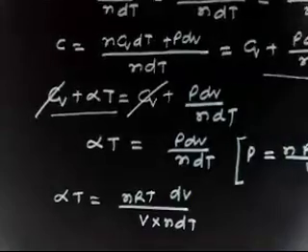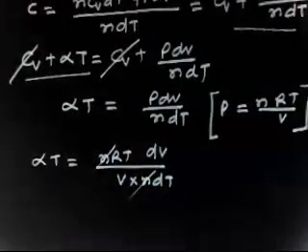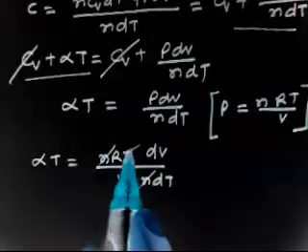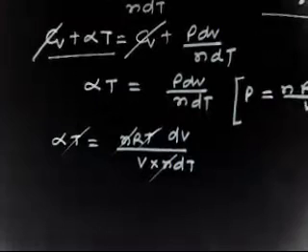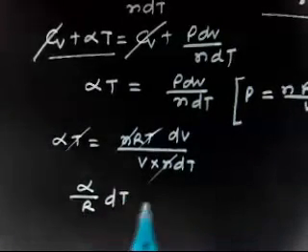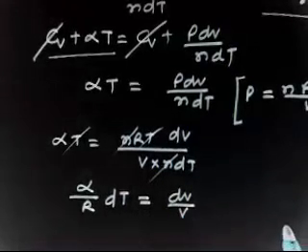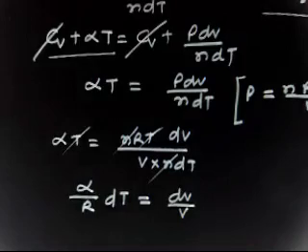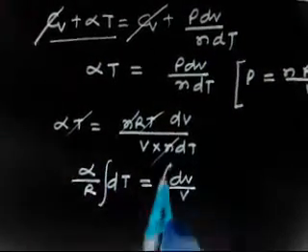I think all of you are able to understand. So n goes out, this T also goes out, so you will have a very simple relationship: alpha by R dT equals dV by V. Are you getting or not? Now I can do integration on both sides.